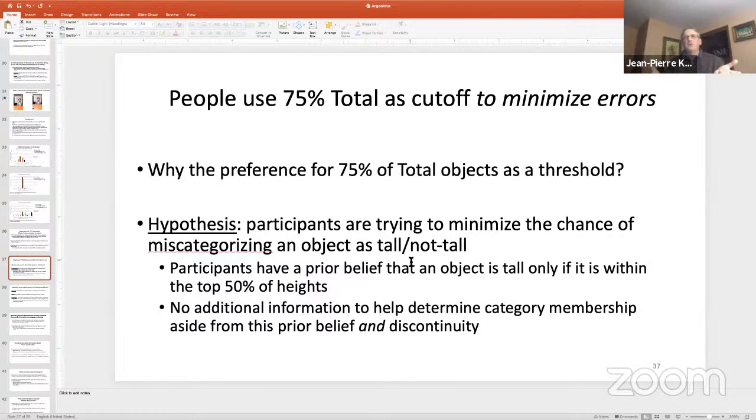So the rational decision, given they have no prior belief, is to choose the threshold that minimizes errors, right? They don't know, but they want to be right. So they are going to try to choose the threshold that minimizes errors. But if there is a discontinuity, well, that gives us an additional piece of information, and they're going to use that too.